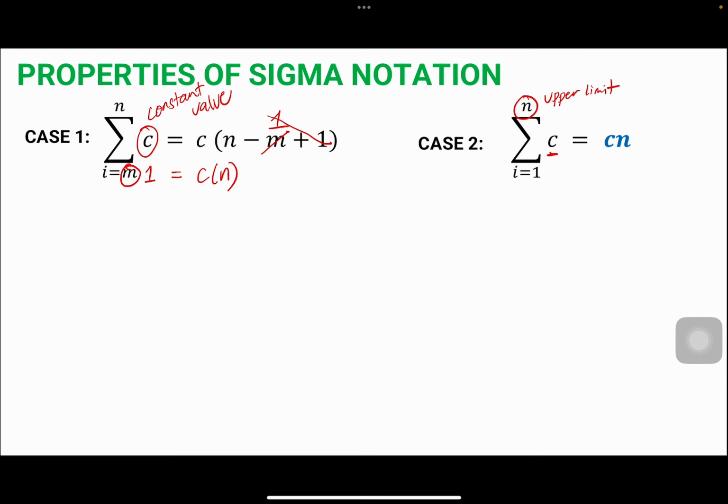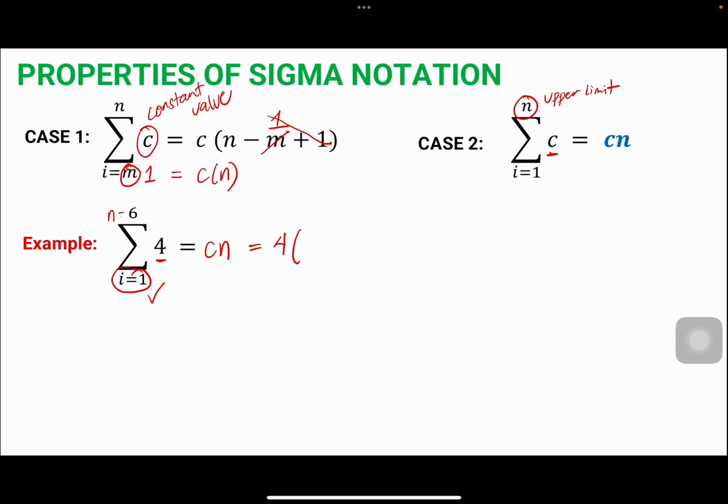Okay? For example, meron tayong summation ni 4 times I is equal to 1 up to 6. So we will just have C times N because we have 4 which is constant. And yung I natin ay equal kay 1. So magiging C, which is 4, times N. What is the value of N?